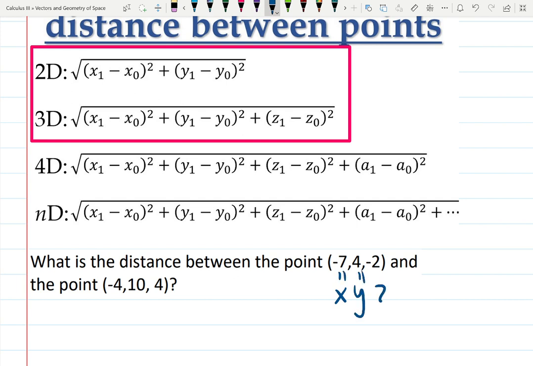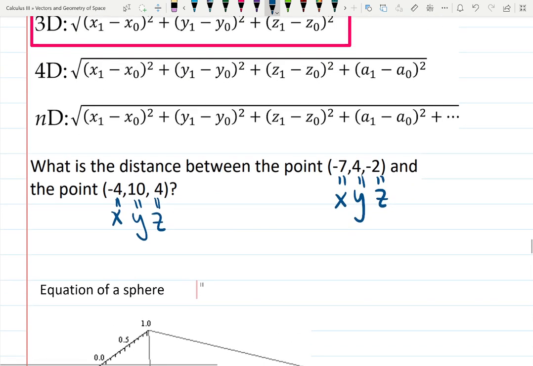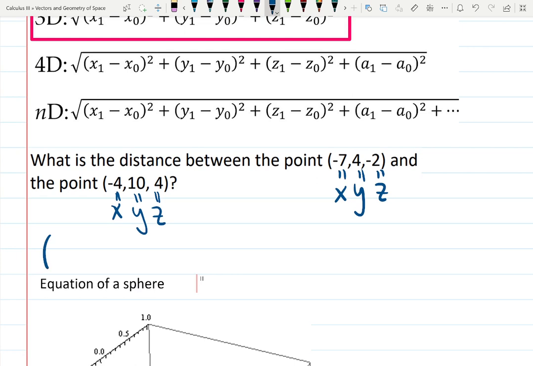X, Y, and Z. I highly recommend you label everything with a pencil. X, Y, and Z. And now the order doesn't matter, just be consistent. Because it's squared, you don't even care where is the beginning and where is the end. We will care on Thursday, but not today. And you put it in the formula in any order you like, since it's squared, doesn't matter.